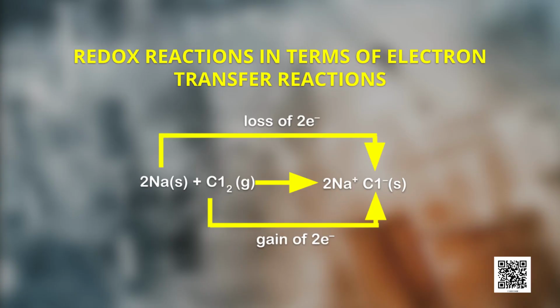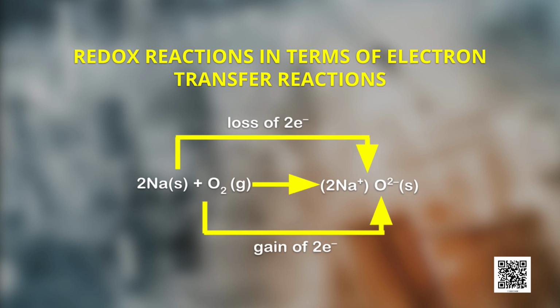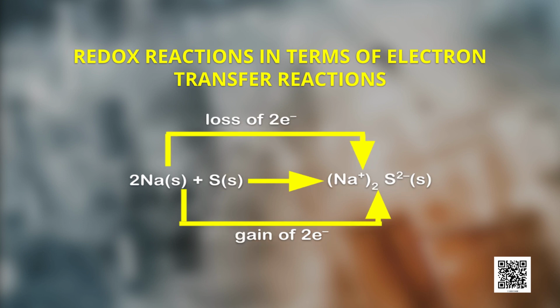Let us understand the concept of electron transfer in redox reactions. For this, consider the reaction for the formation of sodium chloride. For convenience, this reaction can be considered as the combination of two separate steps: one involving the loss of electrons from sodium and the other the gain of electrons by chlorine.